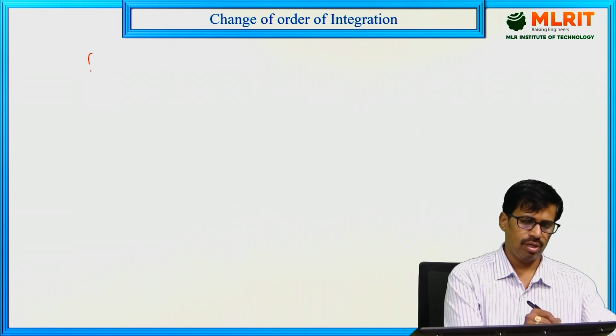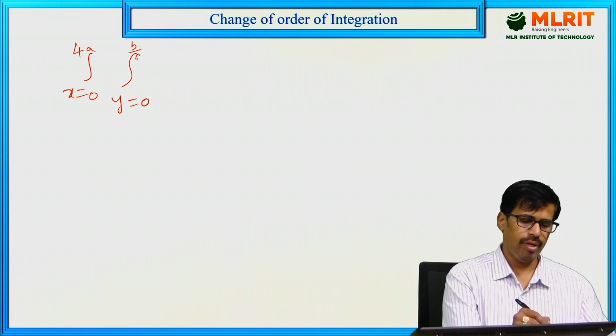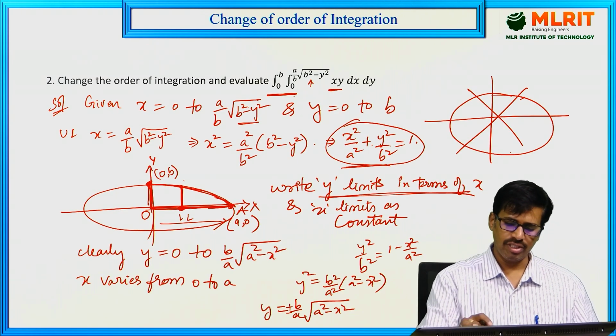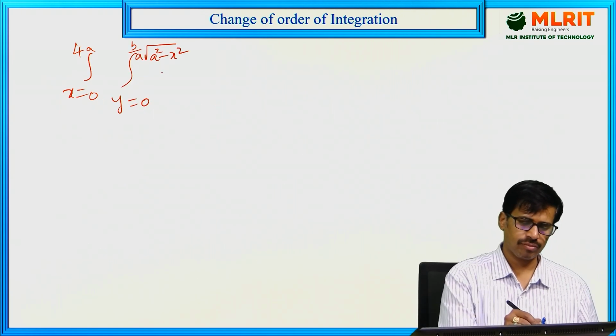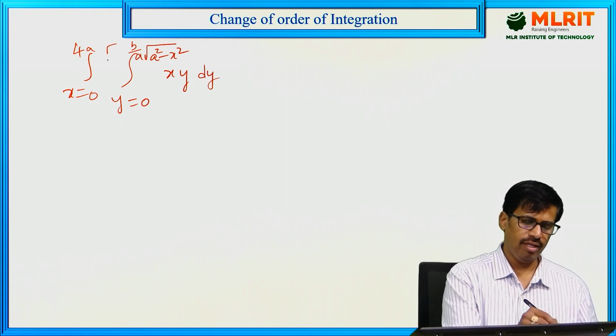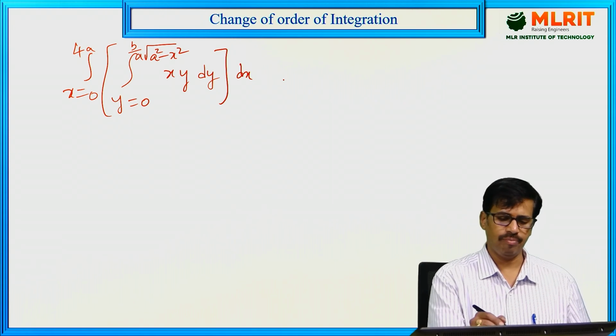So x is equal to 0 to a, y is equal to 0 to b by a under root of a square minus x square, and the function is xy. First we have to integrate with respect to y, then with respect to x, isn't it?